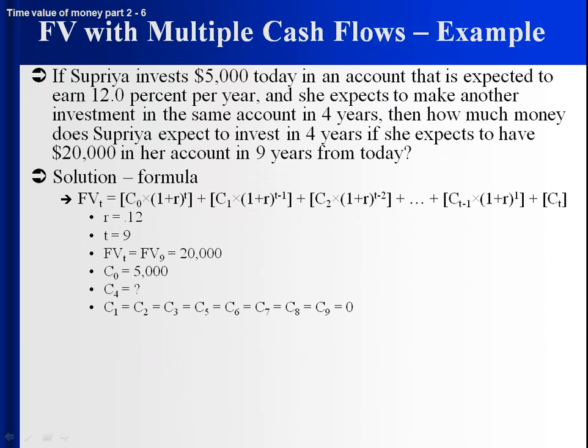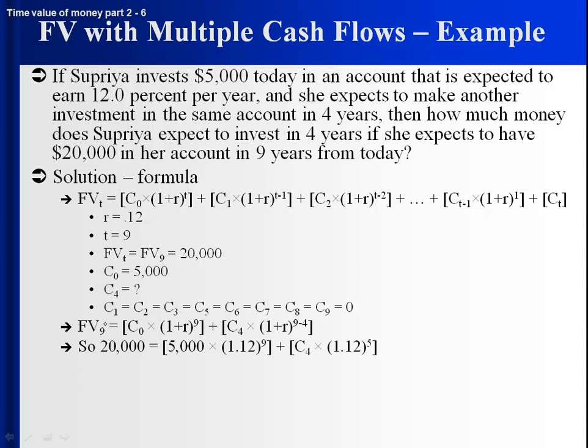So in equation terms, 20,000 is equal to what the 5,000 will compound to, plus what the mystery cash flow will compound to.